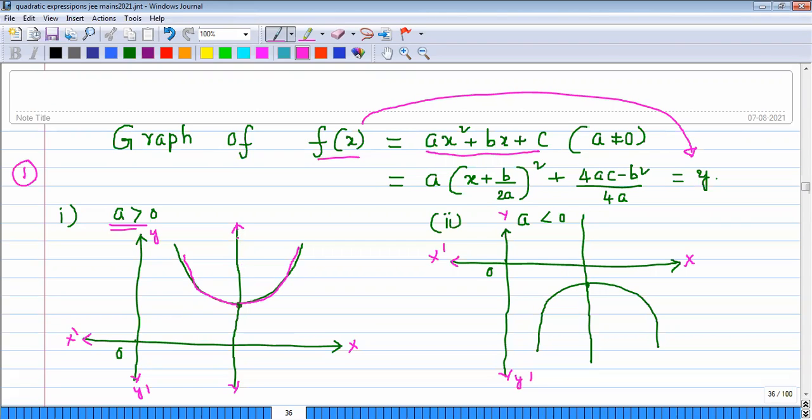That's why it is called the line of symmetry. This symmetry line is x is equal to minus b by 2a. This is the equation of that line. So the coordinates of this point are minus b by 2a, comma, and this will be its minimum value, that is 4ac minus b square by 4a.